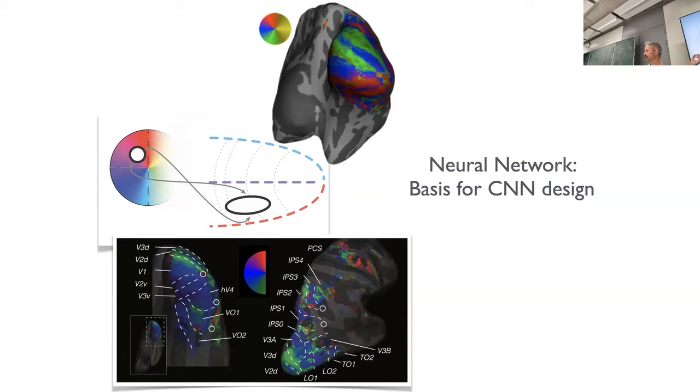This is just a precursor to something I'll explain in a bit. We have this entire layered network in our brains, starting with low-level processing and going towards higher-level processing. This type of hierarchical system was the basis for the design of convolutional neural networks. So the inspiration for the deep neural networks we use for image recognition came from this architecture of the brain.